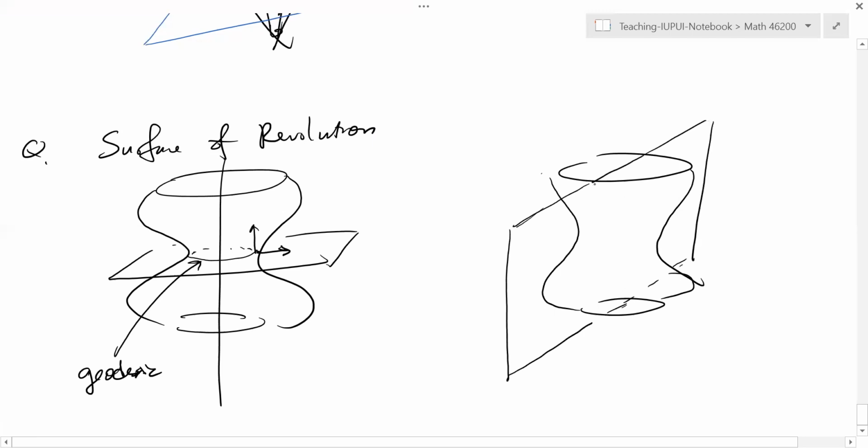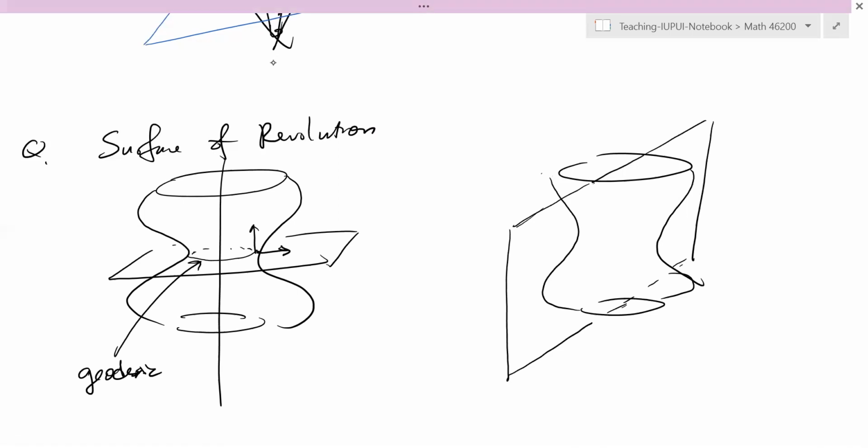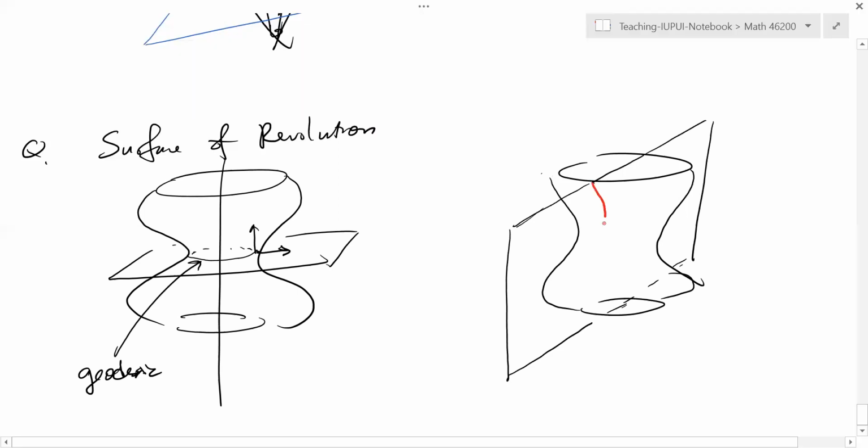Okay, cut through, right? So what I got here is I'm going to get a curve. I'm going to use a red line. This is the diameter, okay? This is the center.